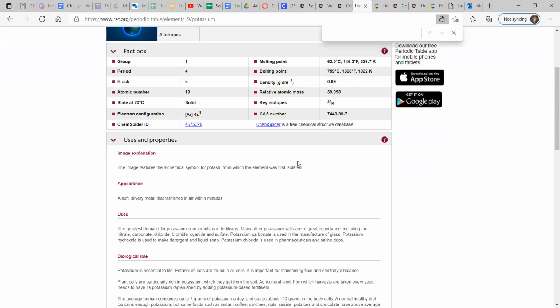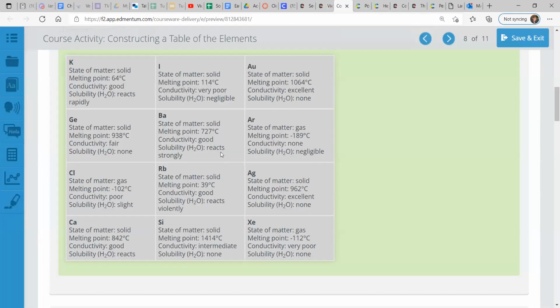But you can look up, say, potassium, and then state of matter, melting point, conductivity, solubility. We know that potassium reacts very rapidly with water. Potassium is on the left-hand side of the periodic table, which means it's very reactive. So the very far left and some of the far right, besides the noble gases, actually do want to react in certain situations.